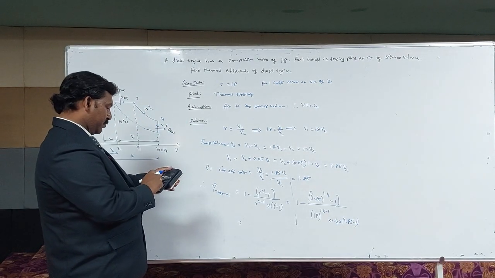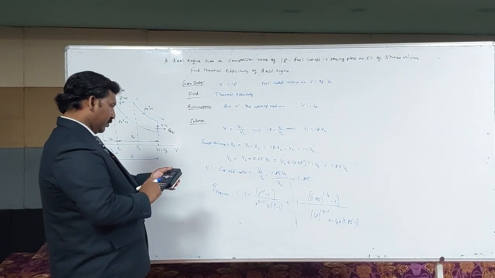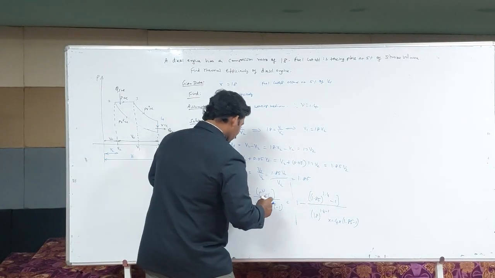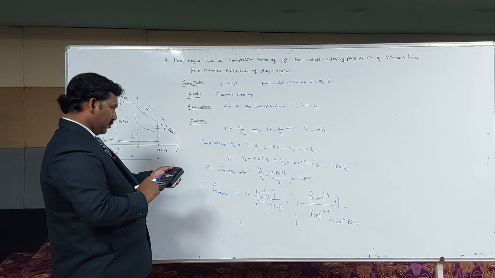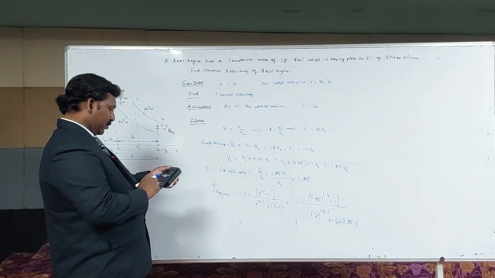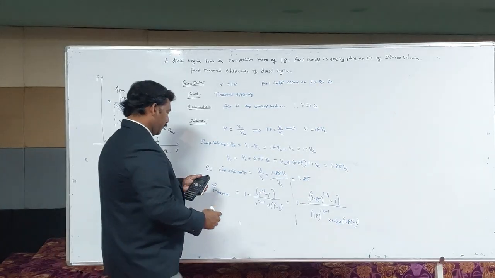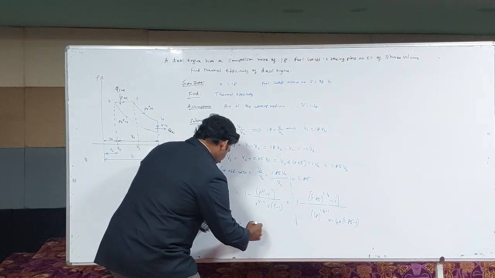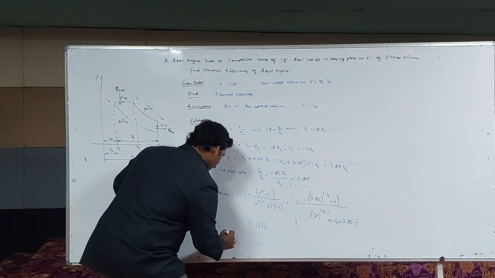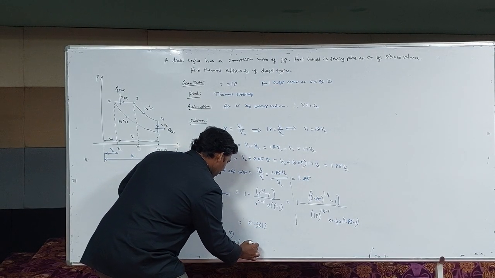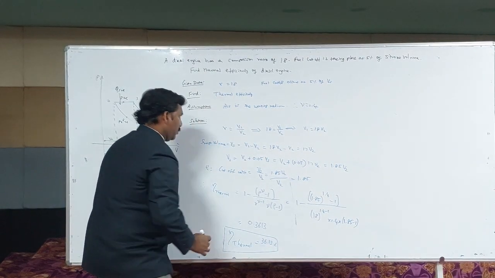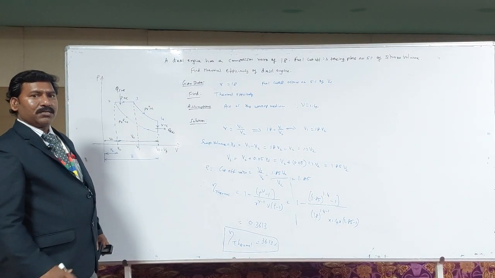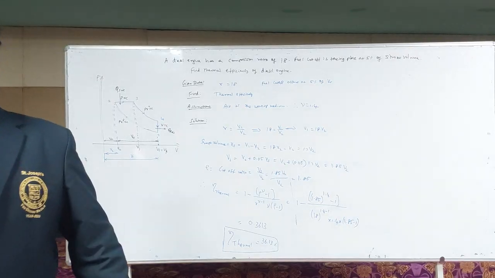So 1.85 power 0.4 divided by 18 power 0.4 divided by 1.4 divided by 0.85, you get 0.3613. Therefore, the thermal efficiency is 36.13 percent.